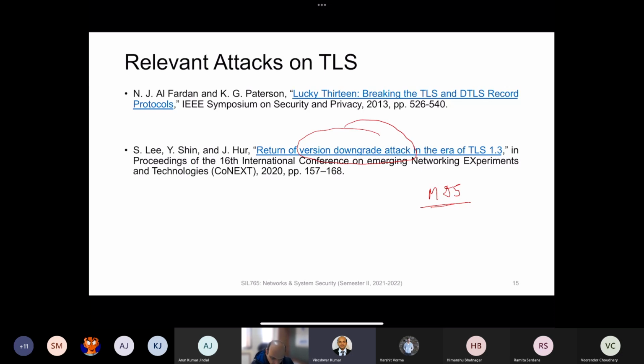I hope this idea of the version downgrade attack is very clear. You could look at some of these papers to see what specific details were utilized in this attack. Any question related to this version downgrade attack?